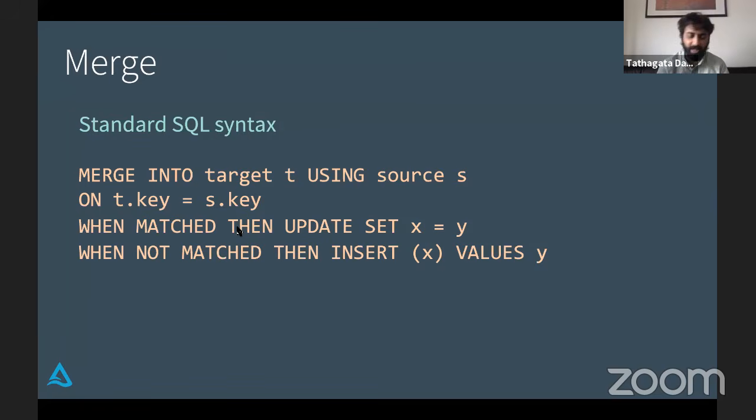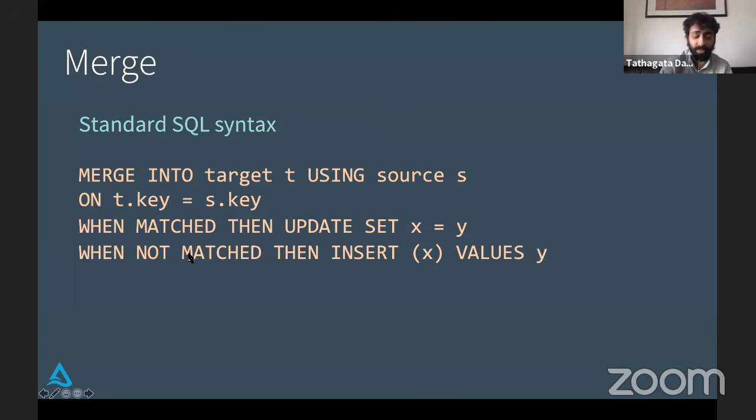Merge has a standard SQL syntax, where the idea is that you are merging into a target table using data from a source table. Based on a match, if you match the keys of a source row and a target row, then you can update the column using the matched source data.